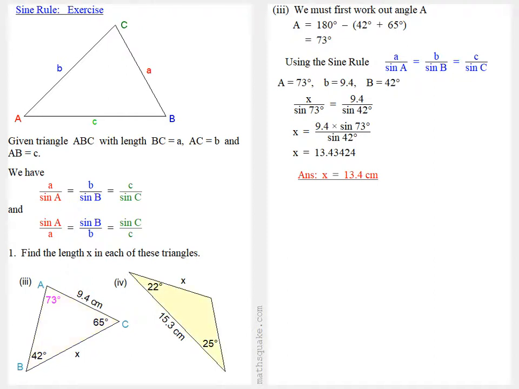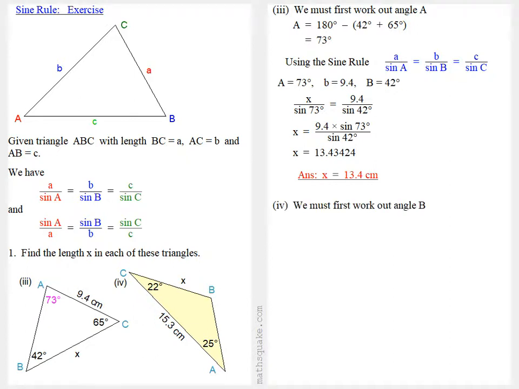Now in part 4, we've got a triangle with one side 15.3 centimetres and two angles 22 degrees and 25 degrees. Unfortunately, to use the sine rule, we need to know the angle that's opposite the side, 15.3 centimetres.